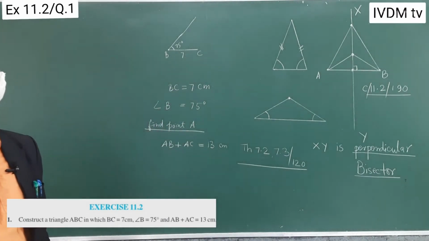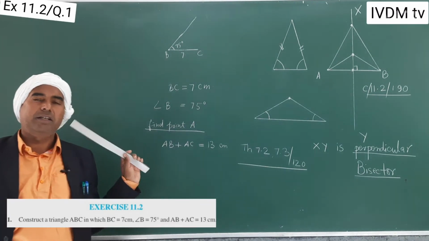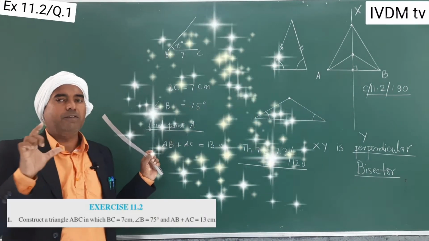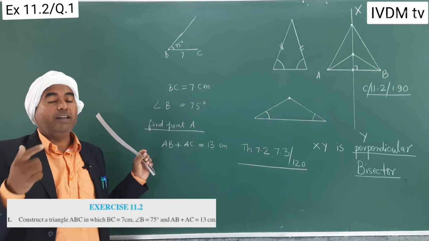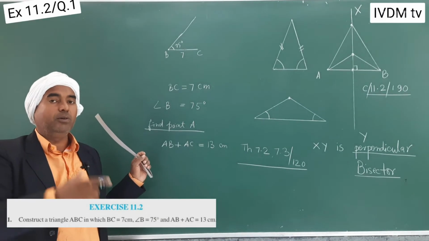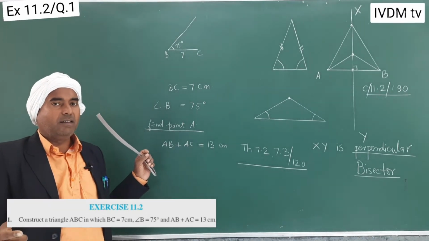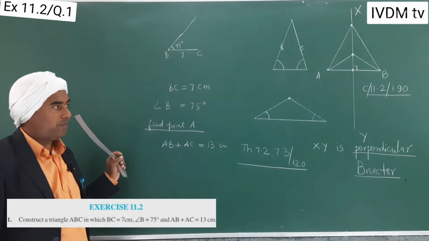In my earlier video, the link is given in the description, I have told you the concept of three informations in a triangle, in the whole of mathematics. You can see that video.